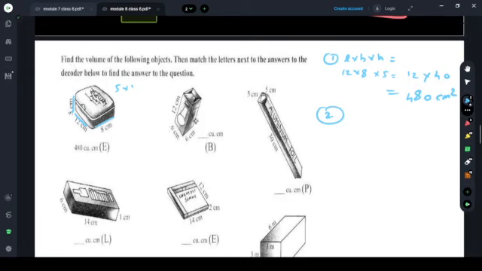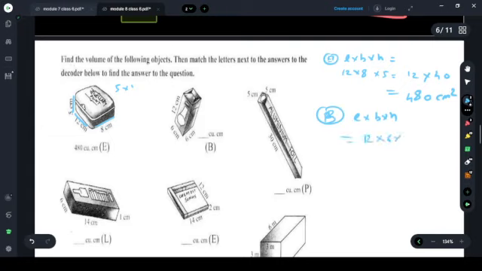For the second, what is 6 LBH? This is L, this is B and this is H. Height, what is the height? 12 centimeter. So LBH for the second one equals 12 into 6 into 6, equals 12 into 36.